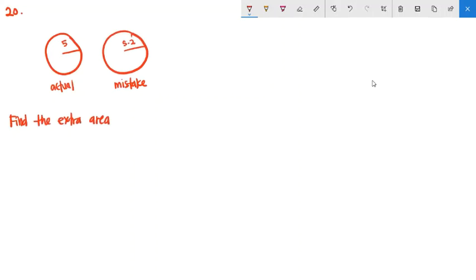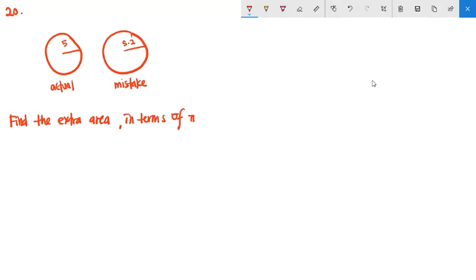Okay, soalan say, find the extra area in terms of pi. Okay, so dimension in terms of pi. So tak payah tukar pi tu dalam numbers, terus bagi answer dalam pi. Okay, that has been cut out of the card.